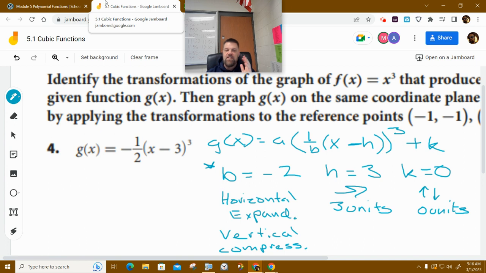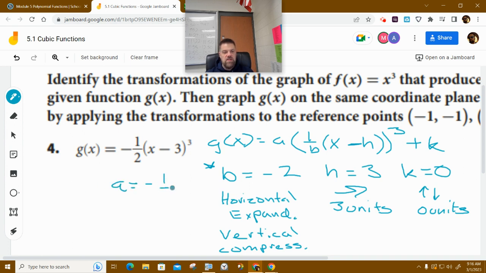Technically, the A is supposed to do the shifting around. And there's two ways to look at it. I could label this as a B, or I could label this as the A. In other words, I could say that B is equal to -2, or I could say that A is equal to -1/2.